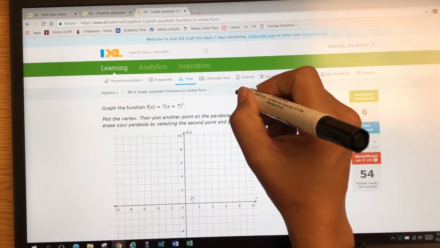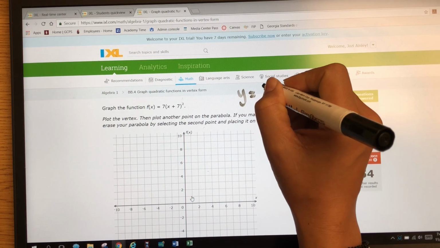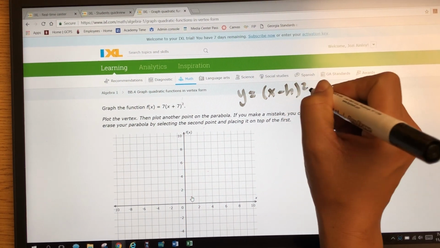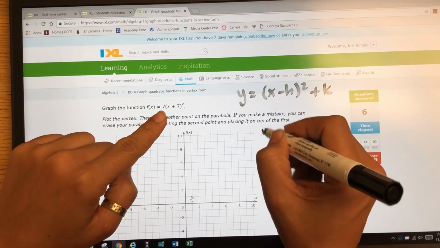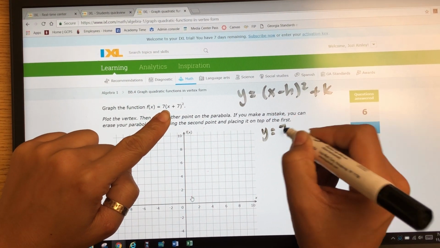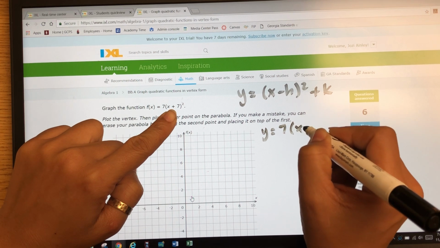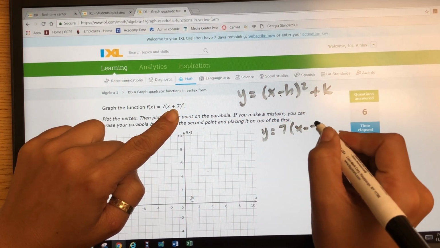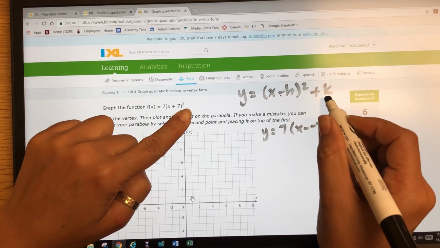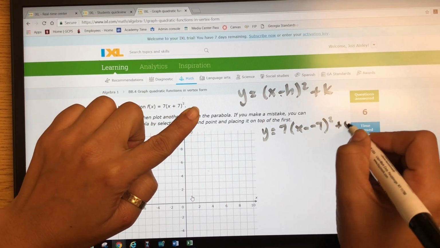So again, why did I erase it? Make it look like vertex form. Okay, so we need to make it look like this. So right now we have y equals, a number out here is okay, 7. And then we have x, and then we have a plus, but I need it to be minus. So I have to change that, minus 7 squared. And then there's nothing out there, so what can I put? +0.